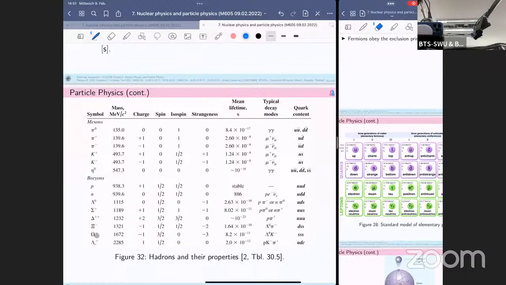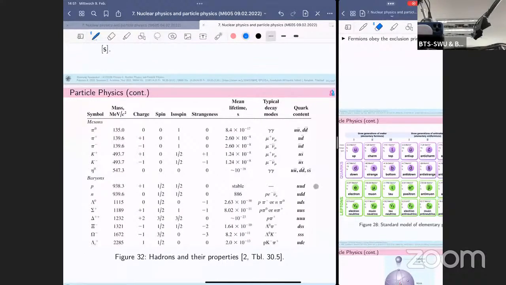The omega negative hyperon is composed of 3 strange quarks. Okay, they use 3 strange quarks. And the lambda C plus is composed of 1 up quark, 1 down quark, and 1 charm quark. Okay, they use these 3 quarks to form these baryons.